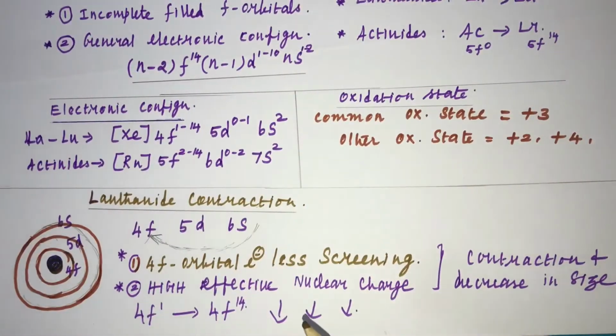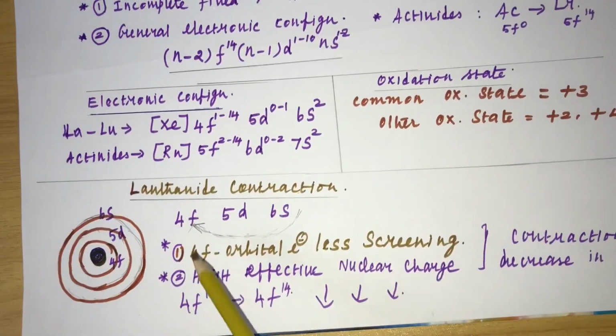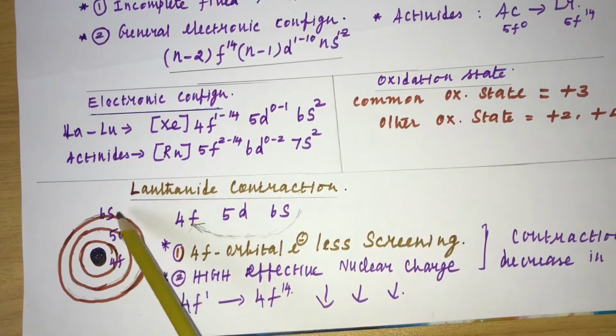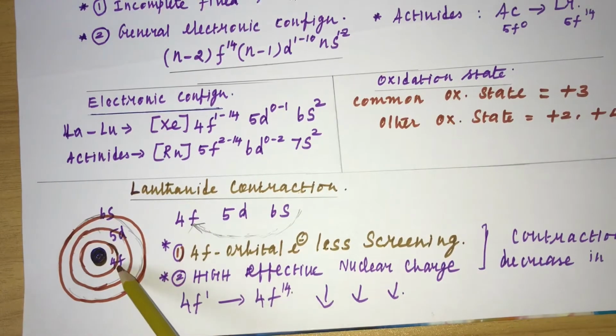What is lanthanide contraction? Now imagine the electrons are going into the 4f orbital, which is the third level from the outermost level. Here the 4f electrons, present near the nucleus, exert a lesser screening effect.